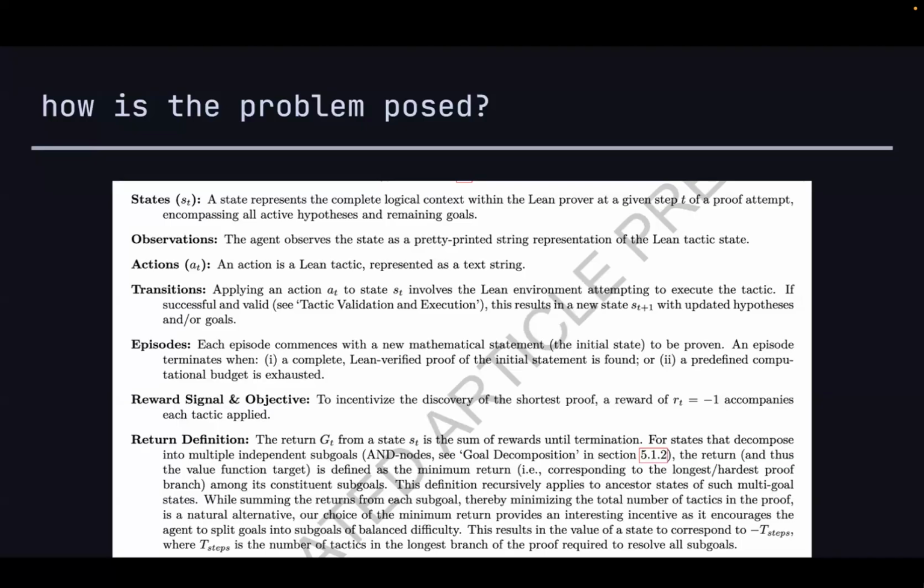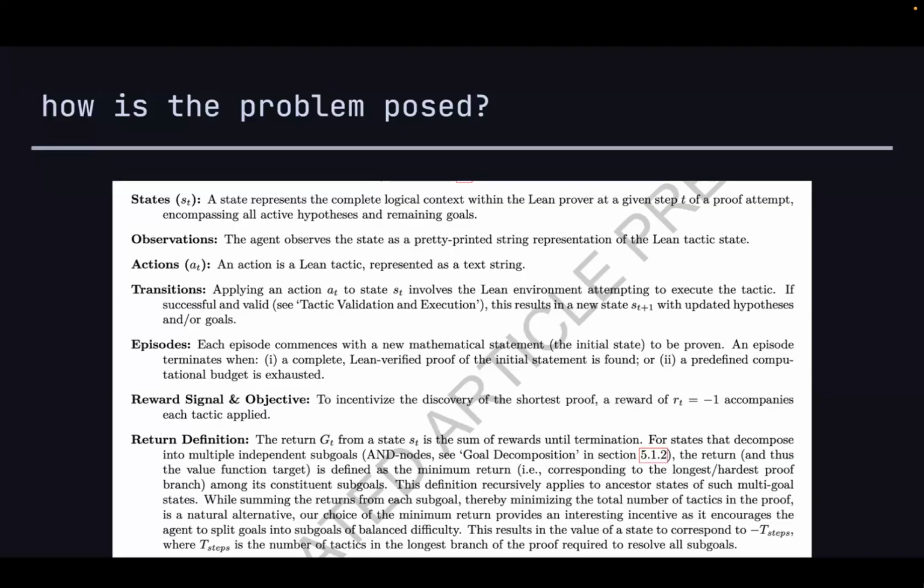For states that decompose into multiple independent subgoals, like AND nodes and so on, the return is actually the minimum return, corresponding to the longest or hardest proof among its constituent subgoals. This means that it can't reward hack as easily.